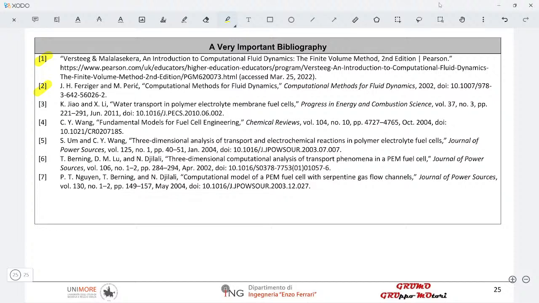Another way is to replicate the entire stack in 3 dimensions, but clearly you don't simulate the detail of each and every gas channel. You introduce some simplifications that are needed for the overall computational cost. Maybe you reduce the number of computational cells in your gas diffusion layers and catalyst layers, if this doesn't create numerical instability. Whenever you reduce the number of centroids of finite volumes, your solver might be absolutely not happy.